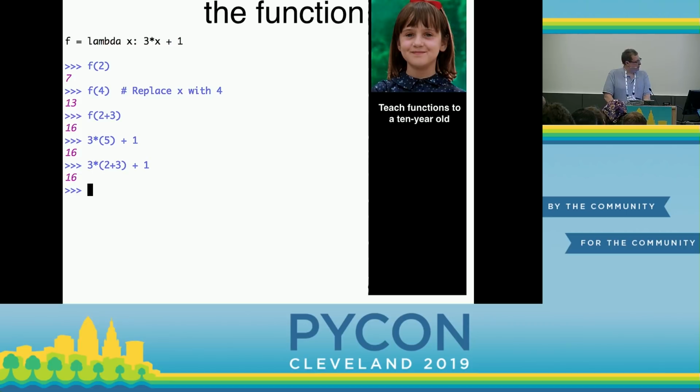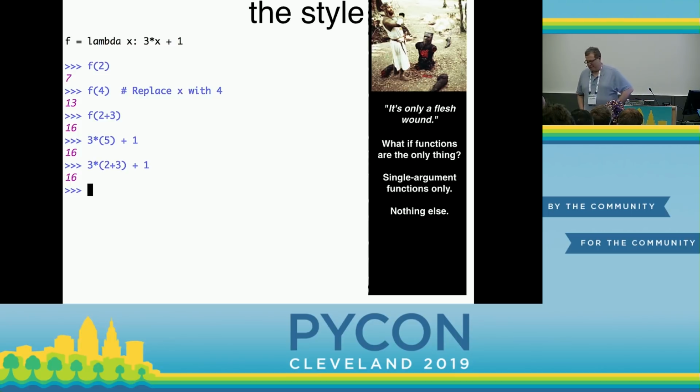Now, the thing we're going to start with is: what if you were teaching programming and you decided right at this point to stop, saying you don't need to know anything else? What if you actually do not need anything other than substituting the x?